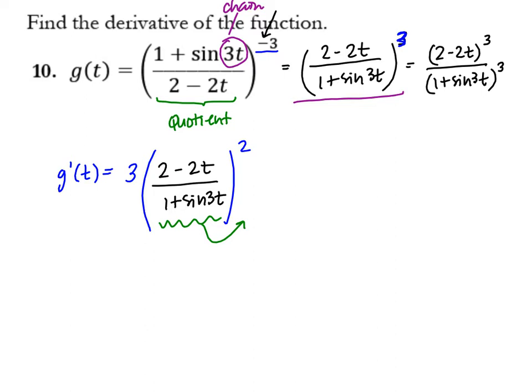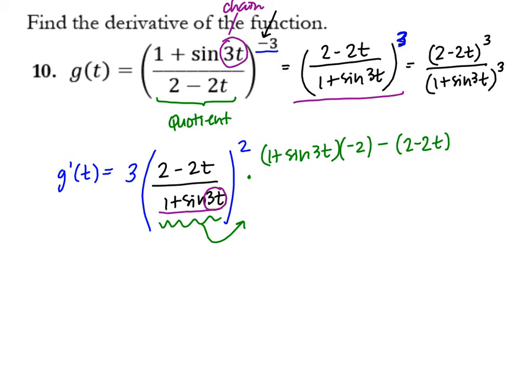If you're still writing out what the low and the high are, you could do that down here, but I will not anymore. Low is 1 plus the sine of 3t, low. D high, the derivative of the top is -2, minus high, all alone, 2 minus 2t, d low. So in d low, I need to consider the derivative of this piece, which has an inside of 3t.